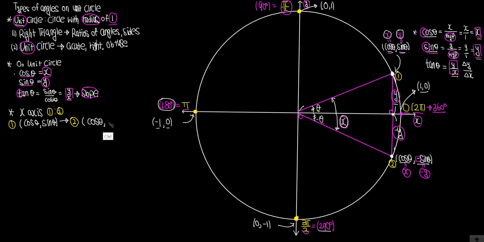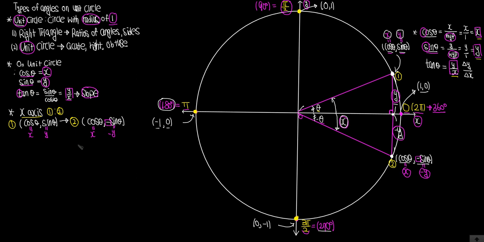It will be cosine theta comma negative sine theta, and we can realize that if the two coordinates are x-axis symmetrical, then from the original coordinate, in this case cosine theta, where it was positive x and sine theta was our positive y, it will be converted to cosine theta comma negative sine theta, with the same x and the same y, except the y value is negative.